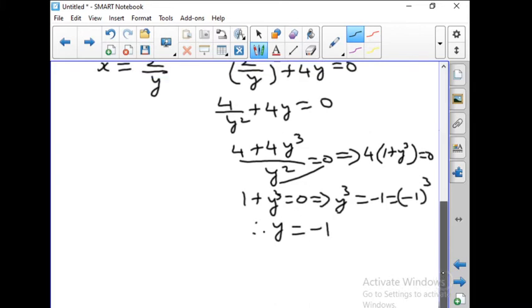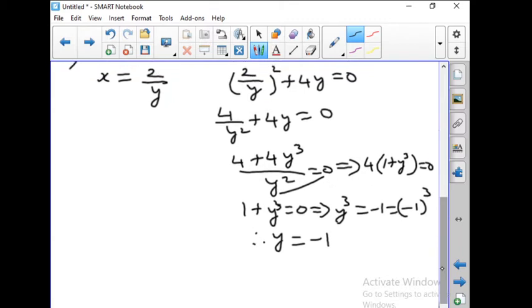Now we have to substitute this. So y equal to minus 1, substitute here. So x is equal to 2 by minus 1, therefore it is equal to minus 2. Okay, x is equal to minus 2.